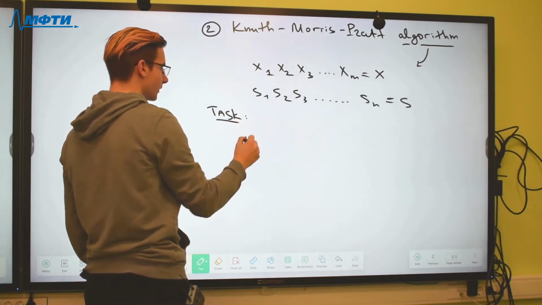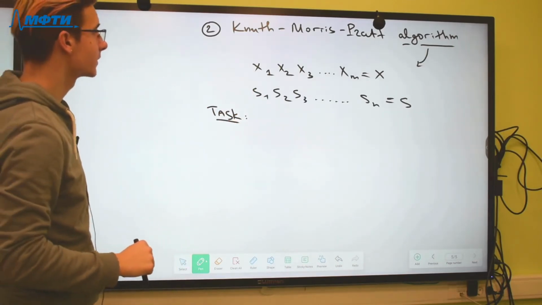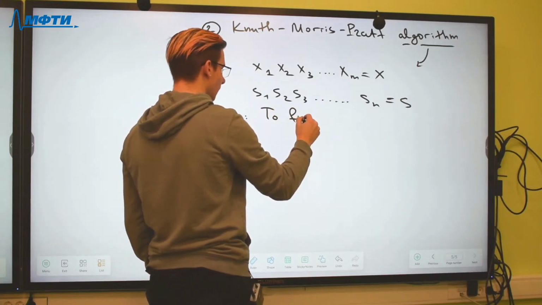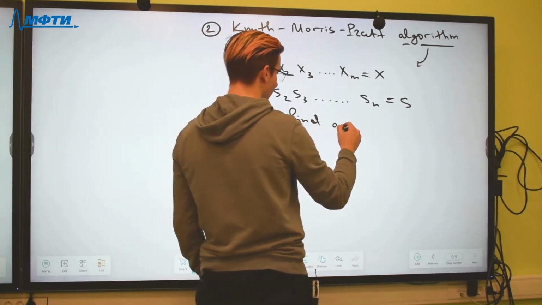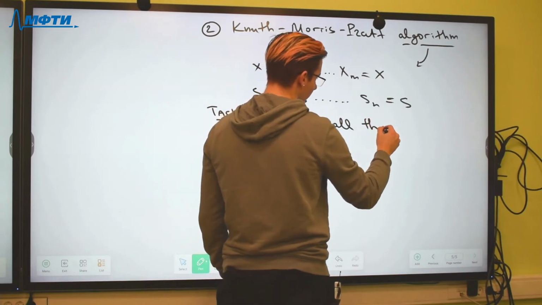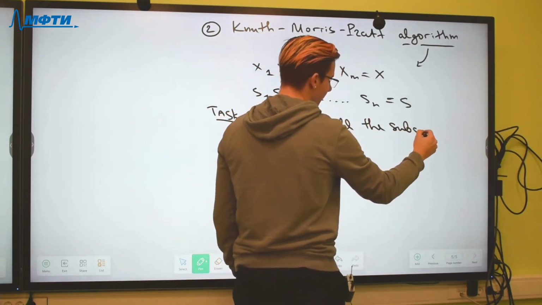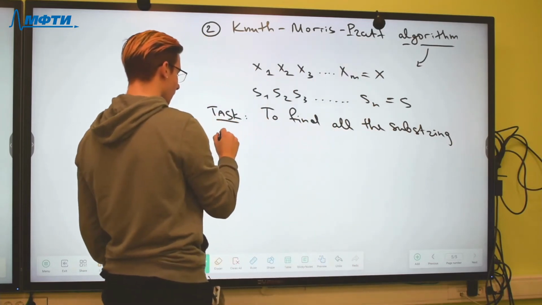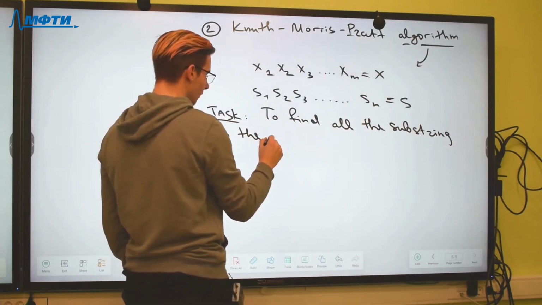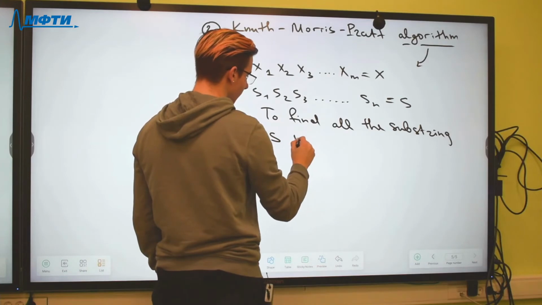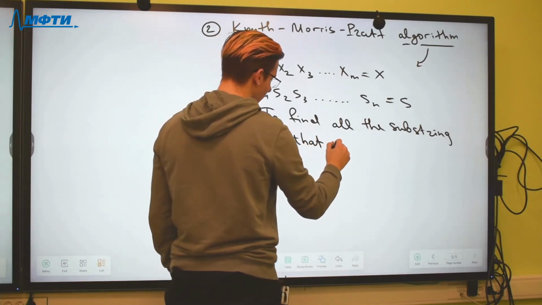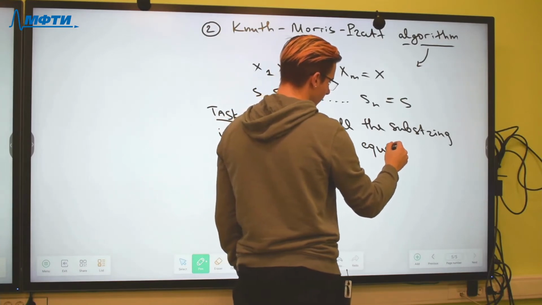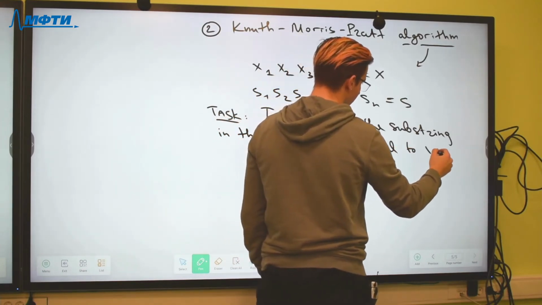And the task is to find all the substrings in s that are equal to x.